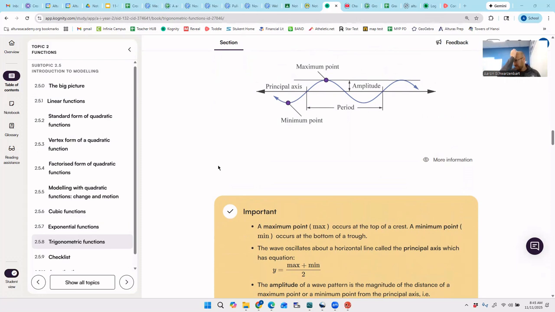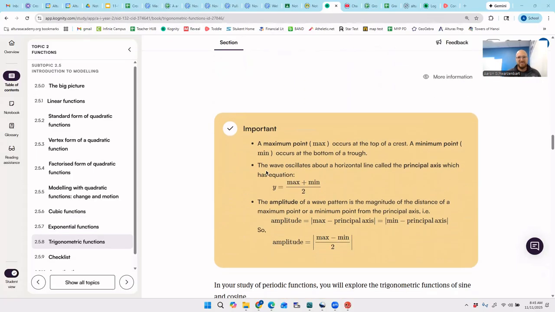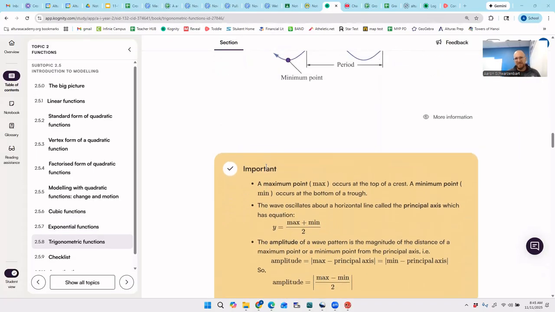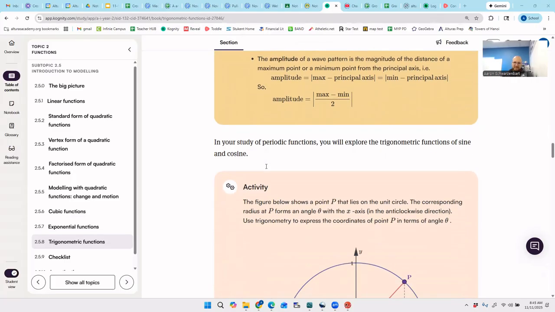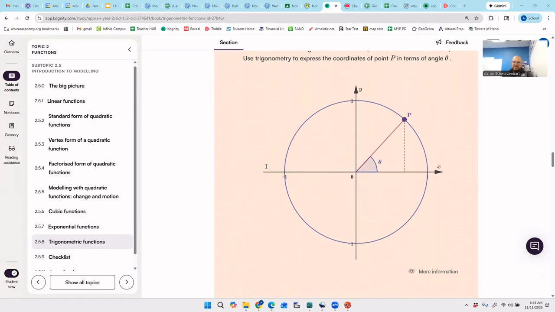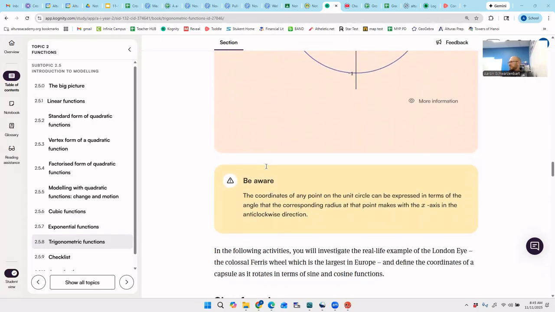Period is usually thought of in terms of time. Wavelength is thought of in terms of distance. So on these, yes, but there are some applications where it's not the same. In some situations it might be thought of as different.